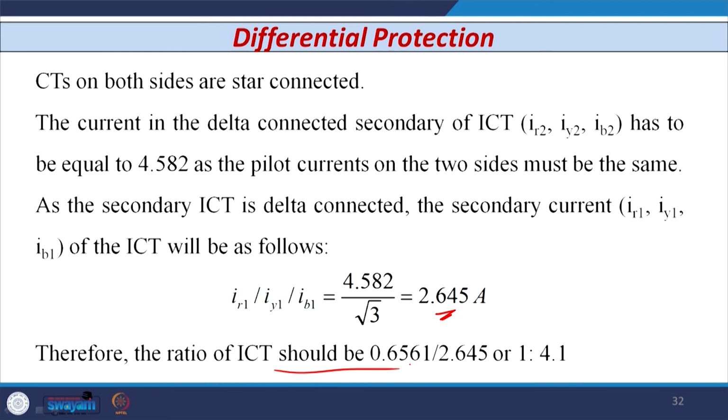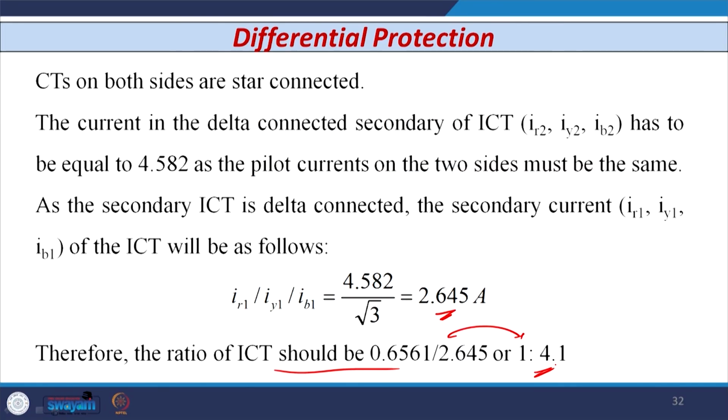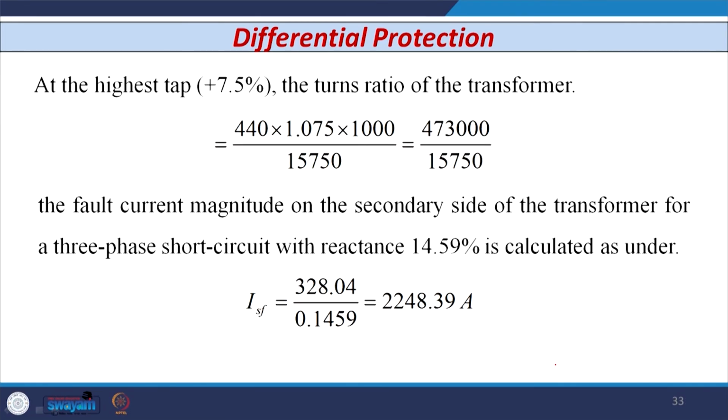So the ratio of ICT should be 0.6561 divided by 2.645, or if I convert it, 1:4.1.